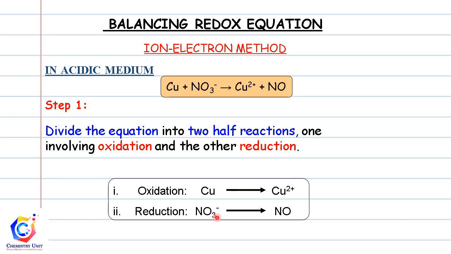Initially there are 3 oxygen atoms and then it becomes 1 oxygen atom, so the number of oxygen atoms is reducing. So it's a reduction reaction. Or we can check the oxidation number for nitrogen as well. This one is positive 5 and then the product side is positive 2, a decrease of oxidation number. So again, this shows that this is a reduction reaction.